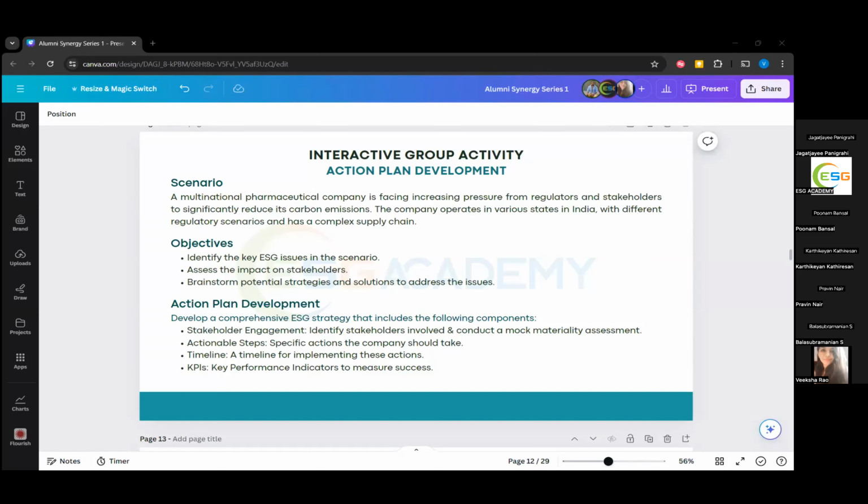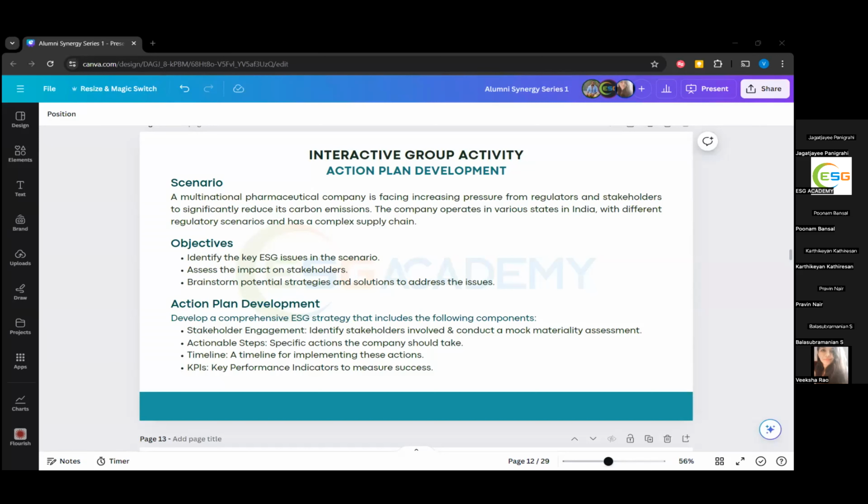That is, one, we will try to conduct a mock materiality assessment. First, we'll identify the stakeholders, then conduct a mock materiality assessment, and then we will try to decide what are the actionable steps this company can take in the next 5 years. So the near term objectives, and also the timeline of implementing each of this.